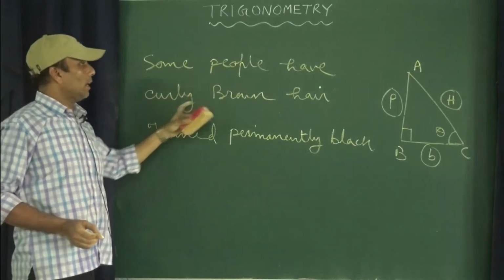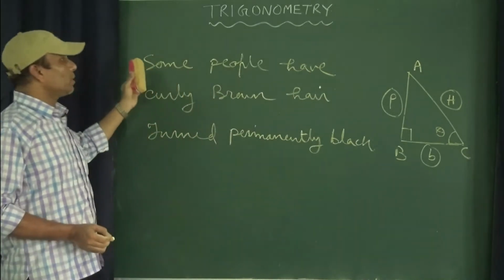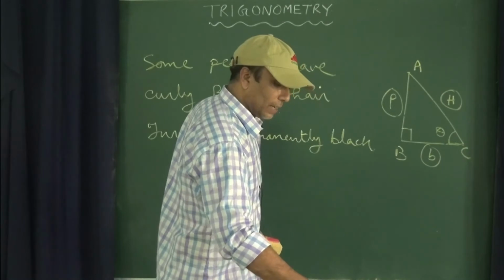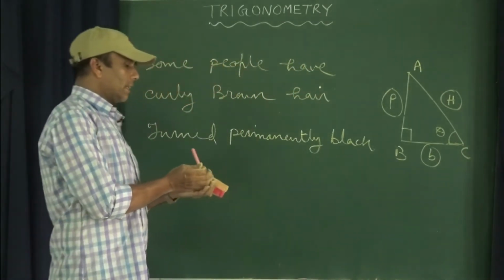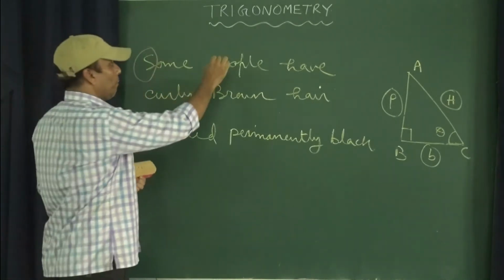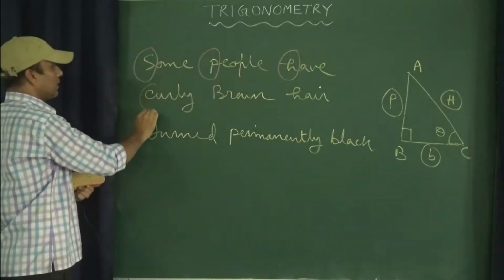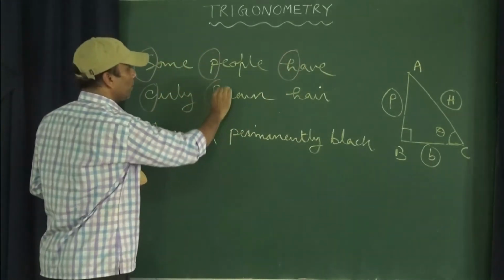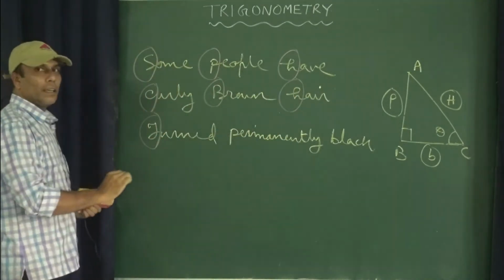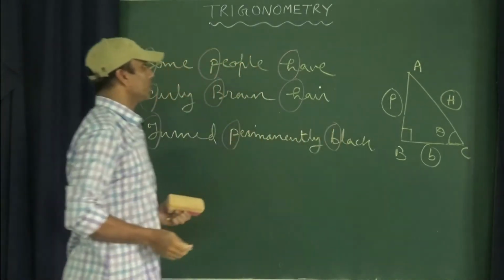Some people have curly brown hair turned permanently black. Now from each of these words we will take the first letter. So first letter, if we take, what shall we get? Let us encircle the first letters for each word. Some's S, people's P, have's H, curly's C, brown's B, hair's H, turned's T, permanently's P, and black's B.